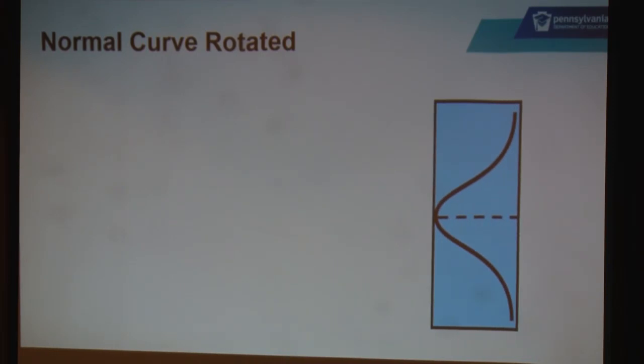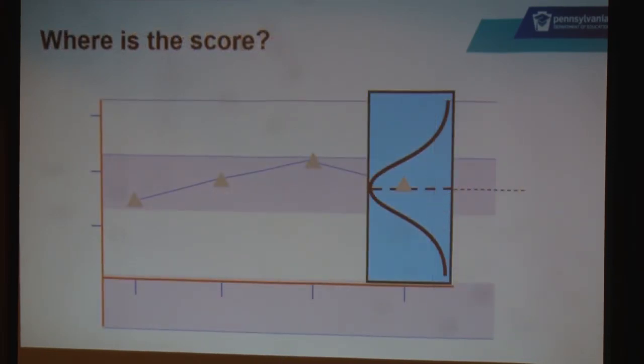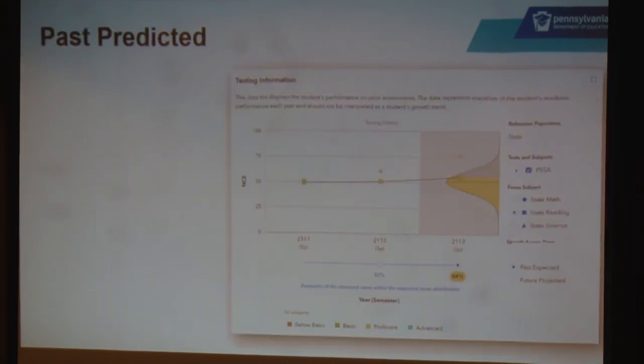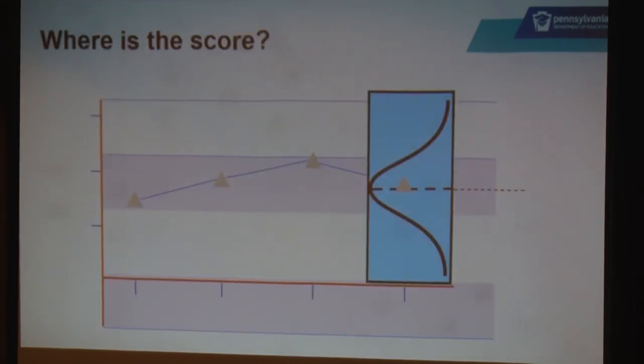When we do that, that's what it's going to look like. I know we've kind of just superimposed one, but here's what it looks like on your report. When you have it on its side, that dotted line right in the middle of that bell curve says that's how that student was predicted to score.